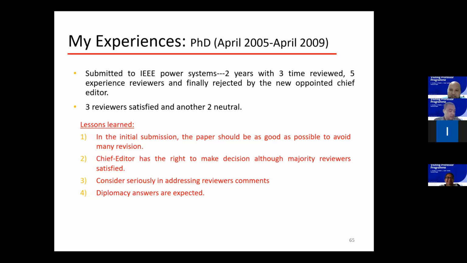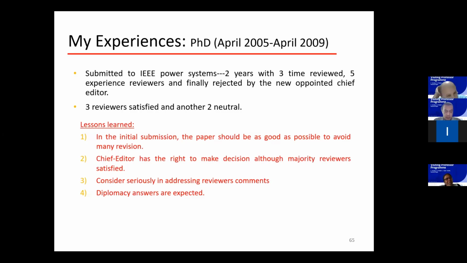Although 3 reviewers were satisfied with the work and another 2 neutral, the chief editor decided to reject.